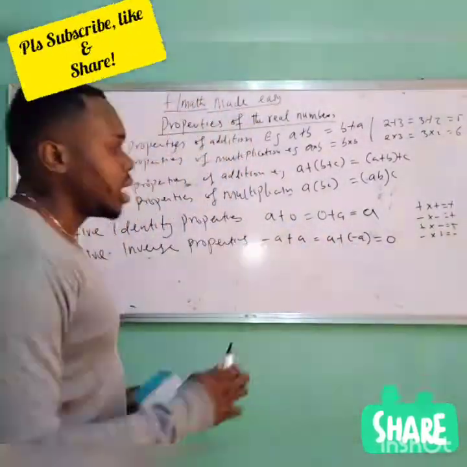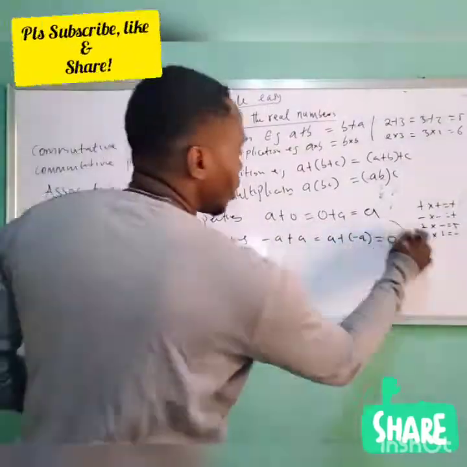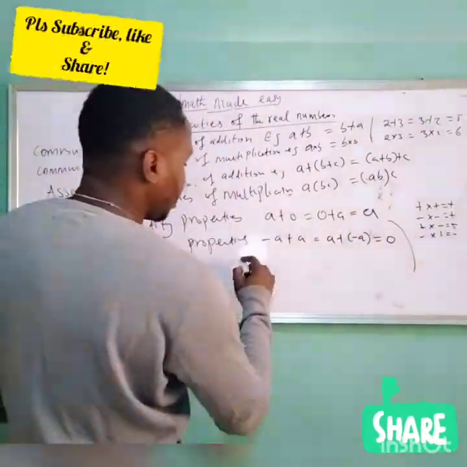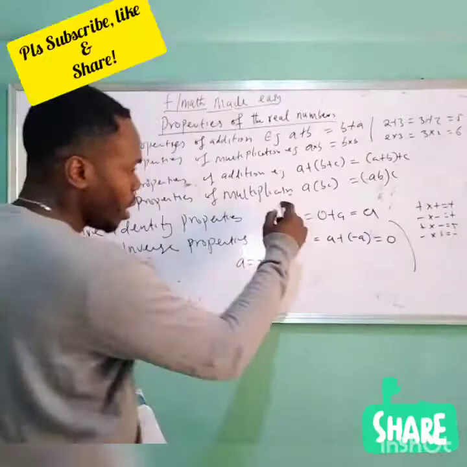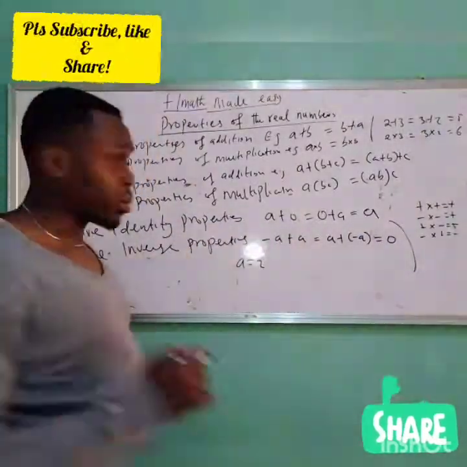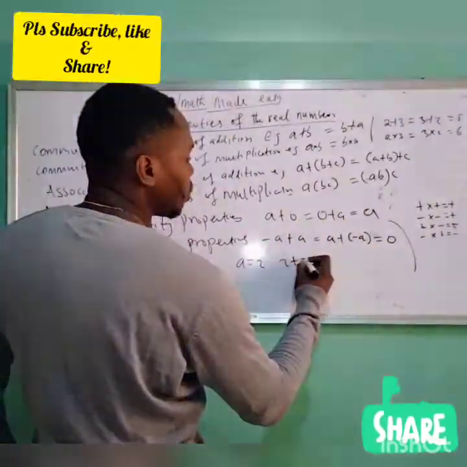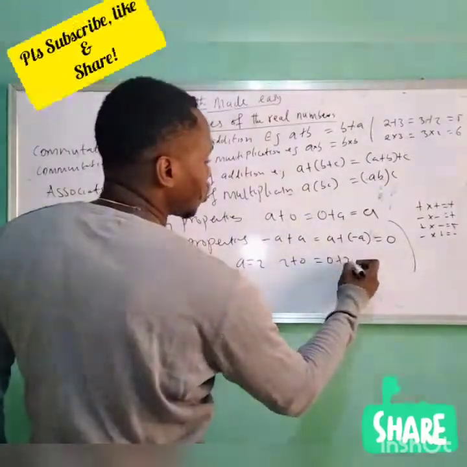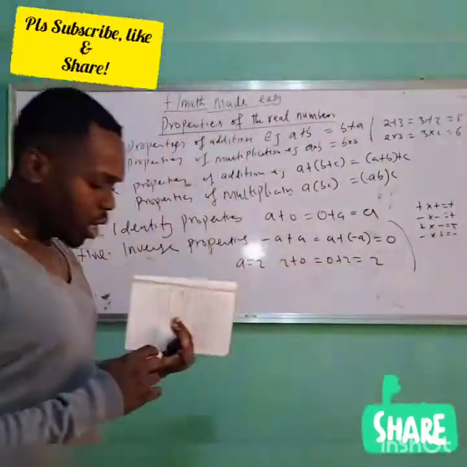What does that mean? The same way I illustrated this, let a be 2. For the additive identity property, you have 2 plus 0 equal to 0 plus 2. It still gives you 2.